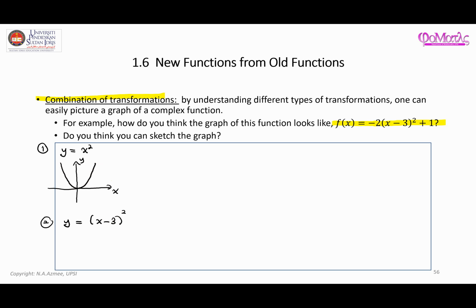So the graph is going to be moved in the right direction 3 units, 1, 2, 3. So the graph is going to be here. And I'm sure you can find that the intercept of y is going to be at 9.